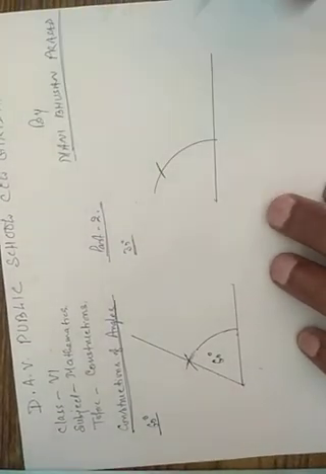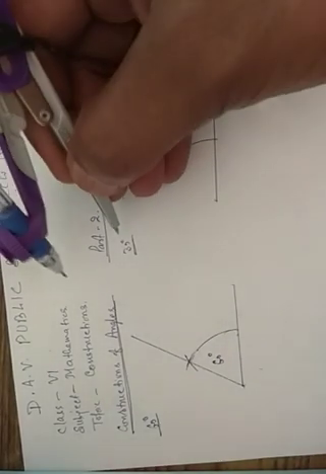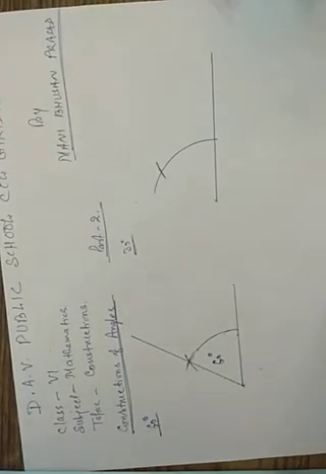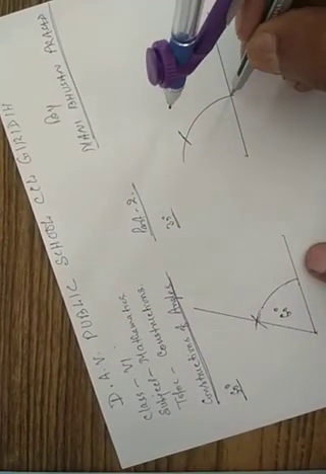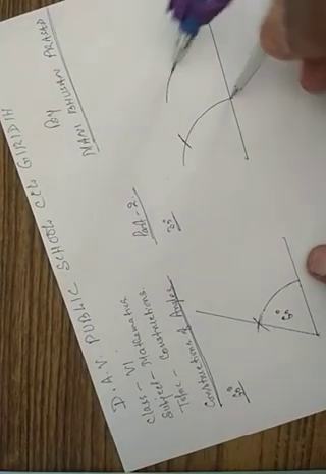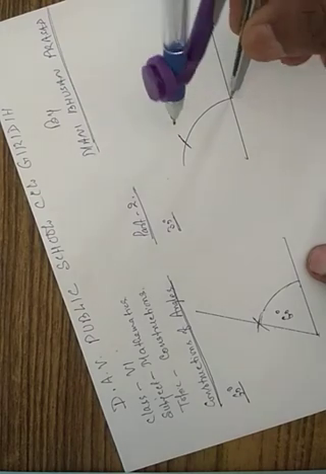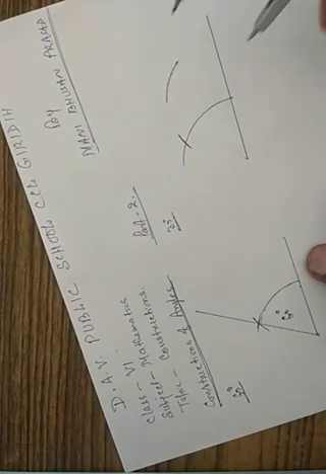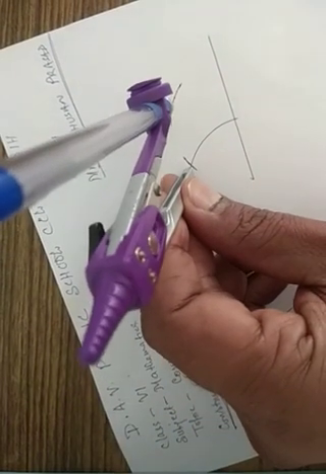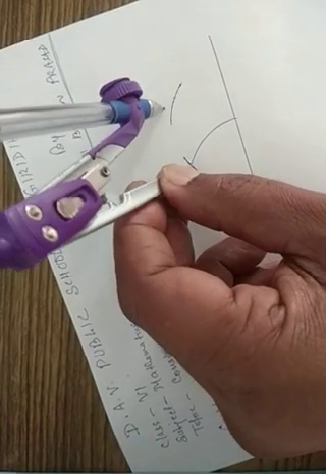This is your 60 degree, and to get 30 degree we will simply bisect it, and you know how to bisect. From this point we will draw once again the arc here. No need to make it complete now. And from this point we will make it like this.